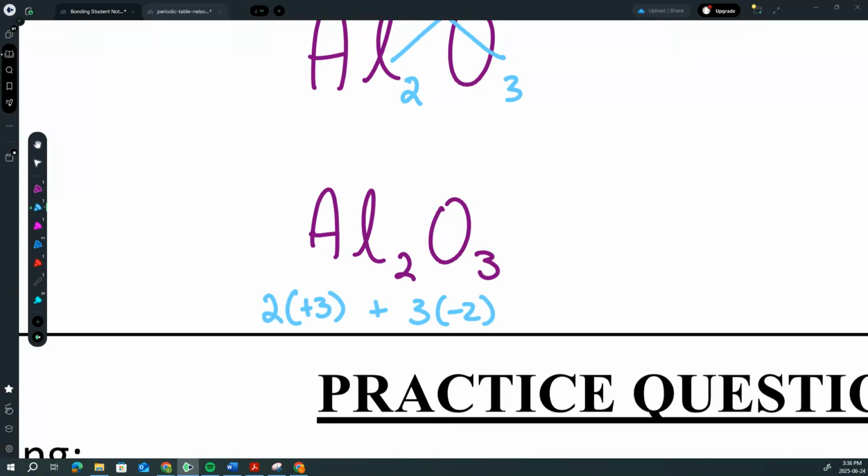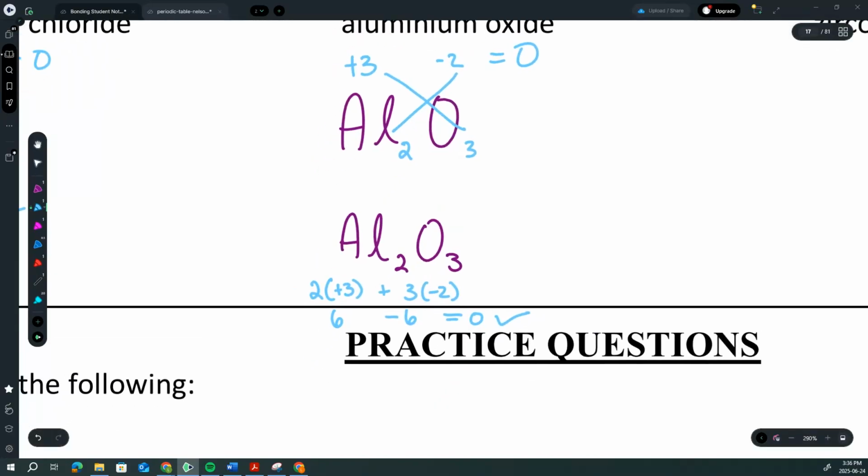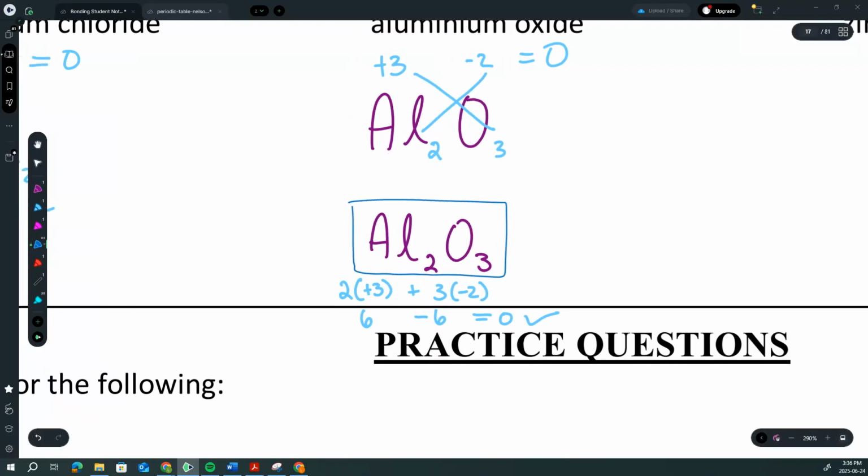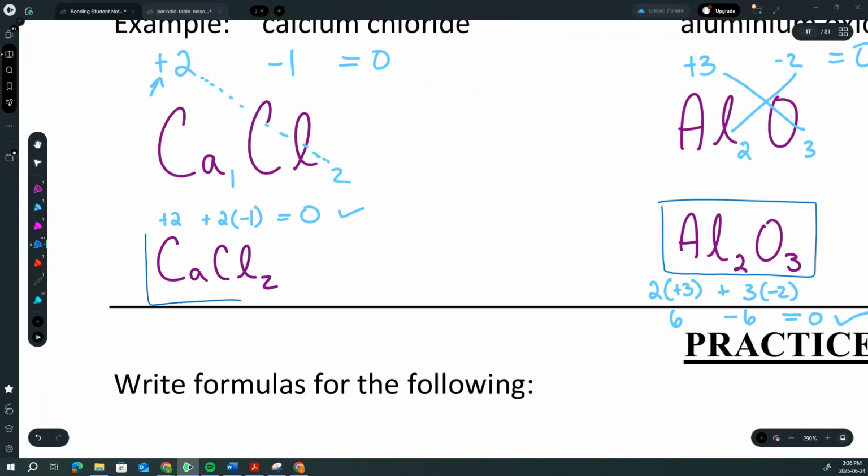So 2 times 3, that's +6. 3 times -2, that's going to be -6, and that does equal 0. So this is a balanced compound. Okay, so what I'm going to do is put a box around my final answer just so it's a bit more clear. And let's do that over here as well.